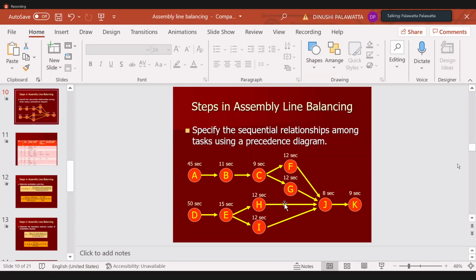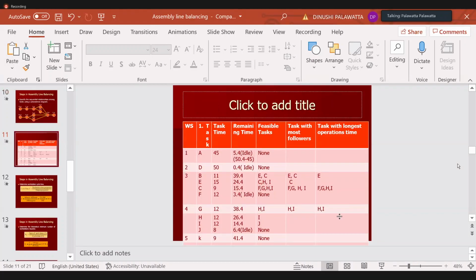In the tie break, we use the alphabetical order, and we selected F. We could have even selected I also, no problem. But we selected F. Then G, H, I all have to go to workstation 4.